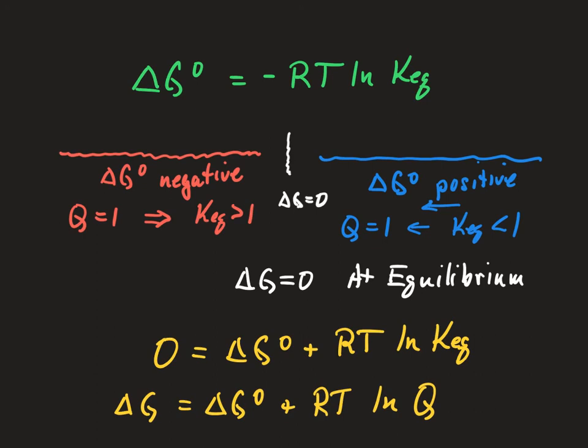And so we get an expression that will tell us the delta G for a condition other than equilibrium, as long as we know the delta G0 for that process. And so this becomes a very important equation in thermodynamics, right? And one that we will do a lot with.